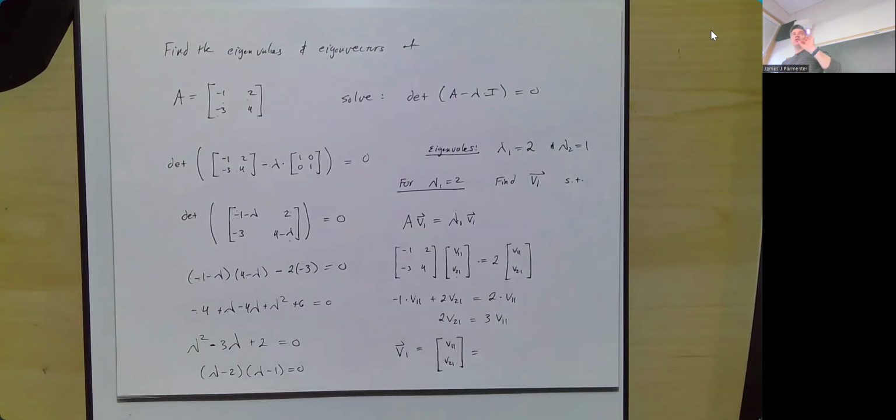I'm going to make the easy choice and pick V11 equal to 2 and V21 equal to 3, because 2 times 3 equals 3 times 2. And that always works, and it's super easy.